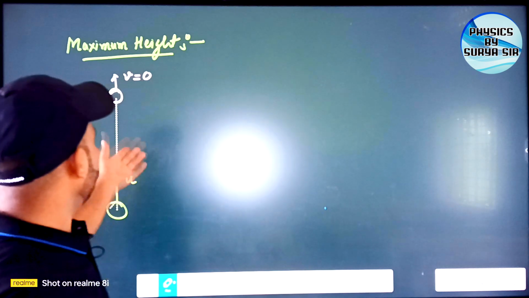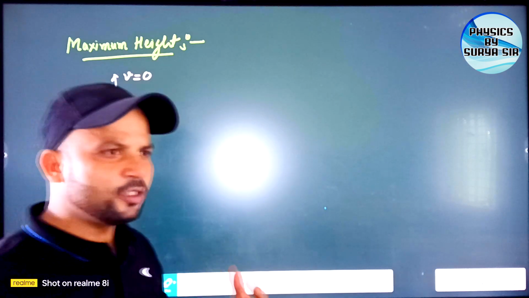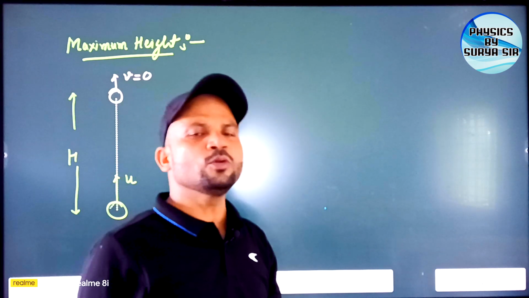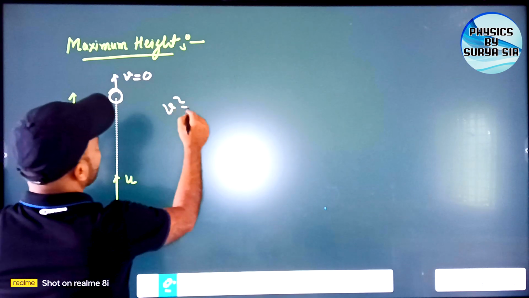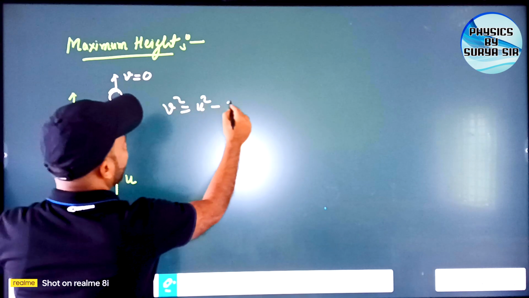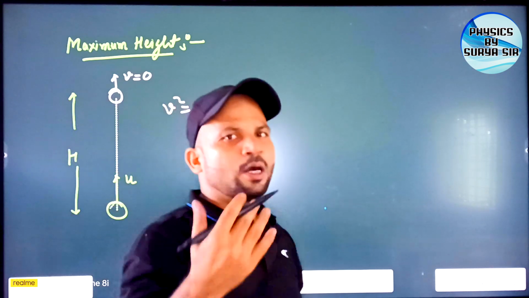We have the initial velocity of the object, we have the final velocity of the object, and displacement is there. So which relation can we use? We can use the third relation, that is v square is equal to u square minus 2gh. Why minus 2gh? Because it is moving upward.